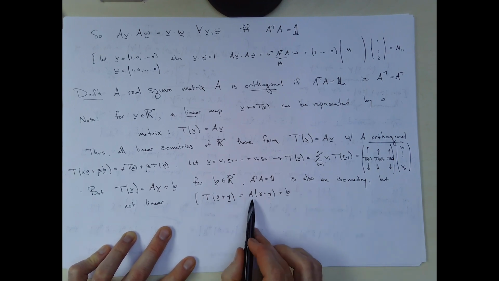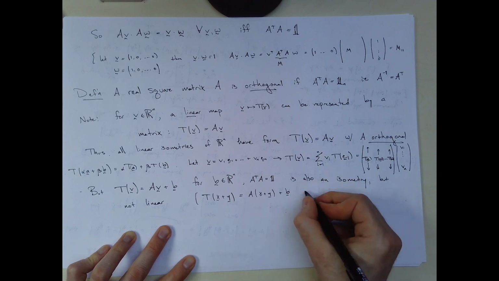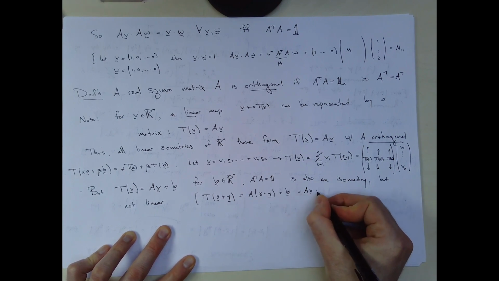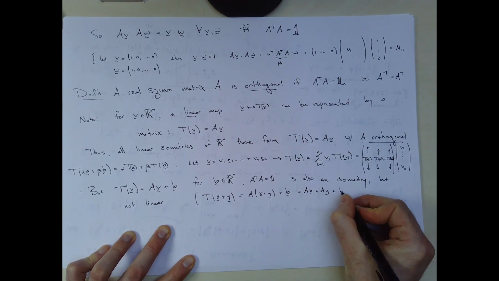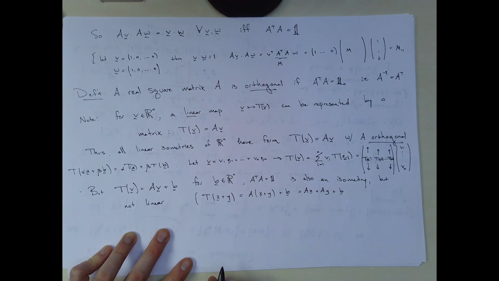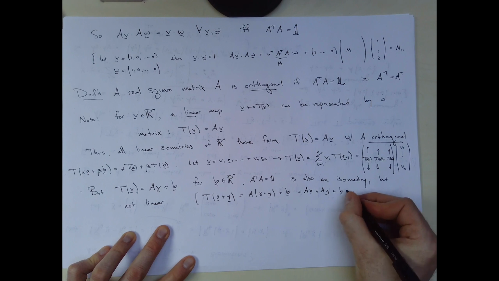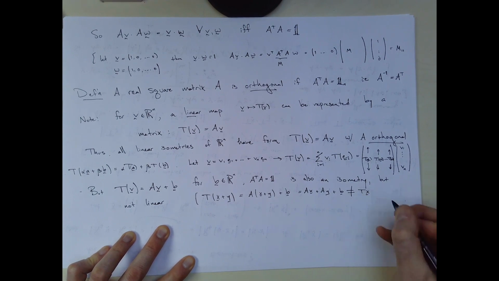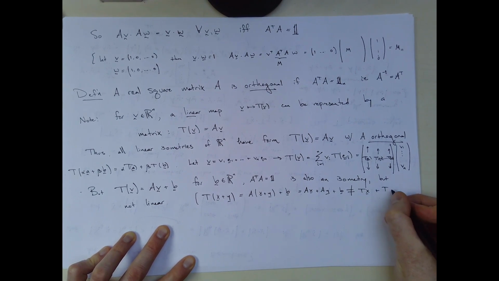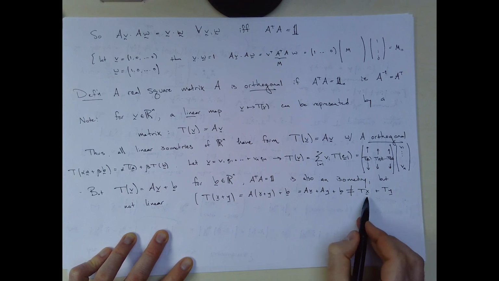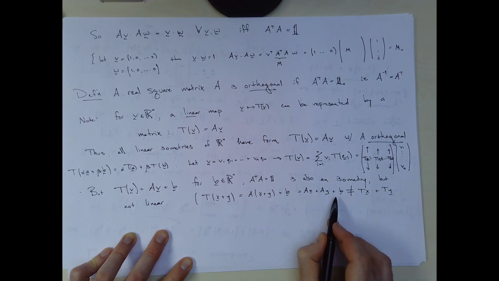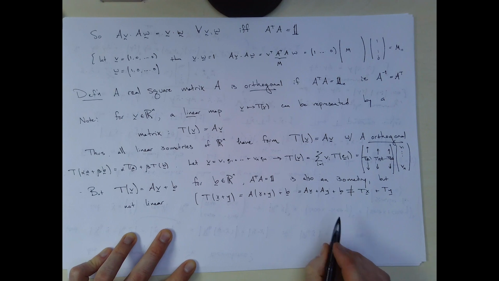I can now expand the matrix multiplication. I get Ax plus Ay plus b, which is not the same as what I get when I apply T to x and add T to y, because this would be Ax plus b plus Ay plus b. I would have 2 copies of b, whereas I only have 1 here.